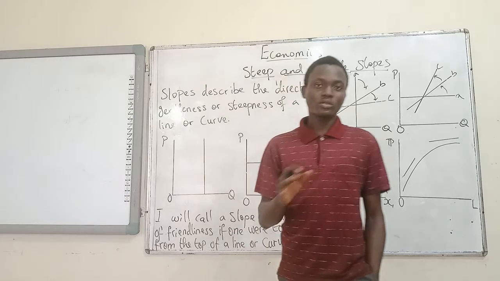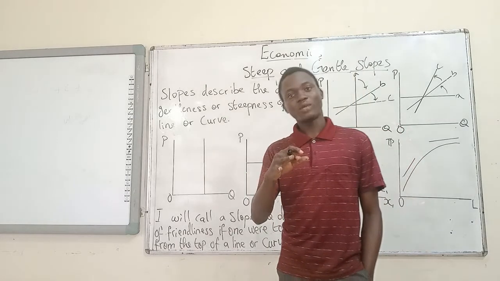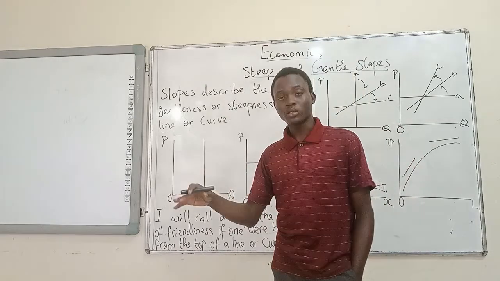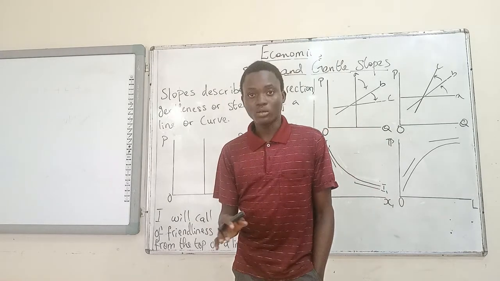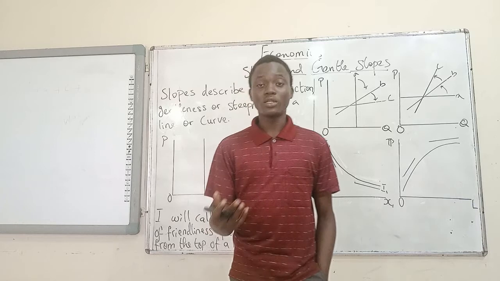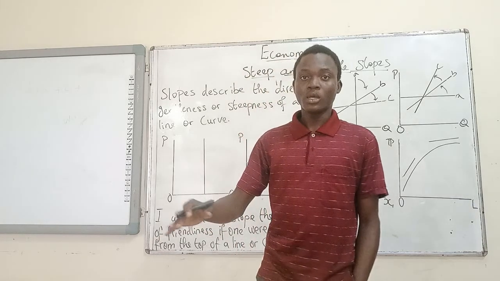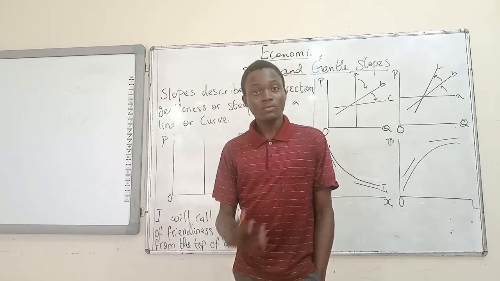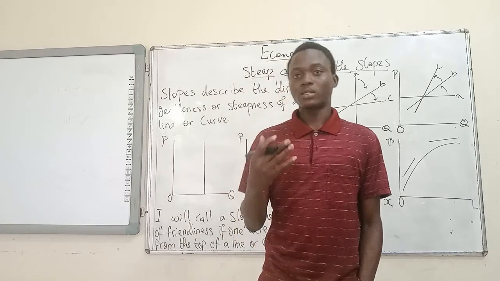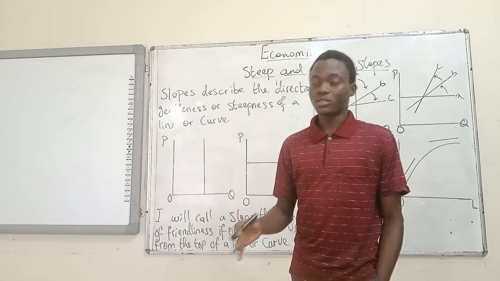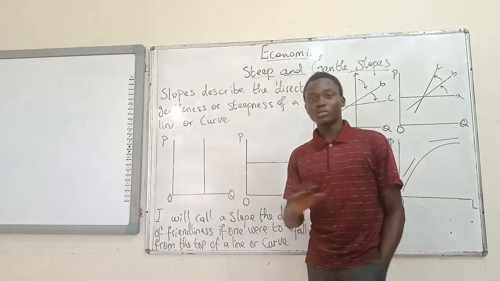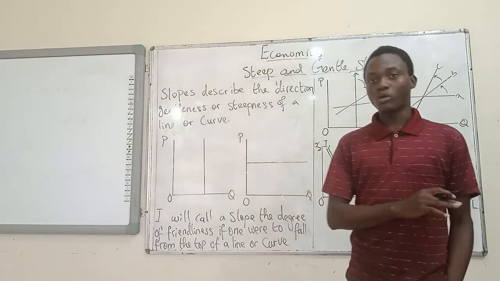For example, the normal demand curve is downward sloping, so that is a negatively sloped line, and a normal supply curve is upward sloping, which is a positively sloped line. If a curve is coming downwards, that's negatively sloped, and if it's going upwards, that's positively sloped. We can prove that using calculations, but that's not the objective of this video. We just want to know what we call steep, and what we call gentle.